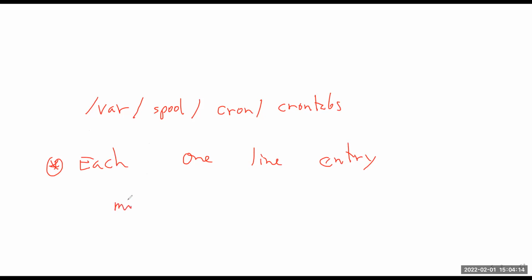So this is a crontab entry here. It's going to be first minutes, then hours, then day of month, then the month, and then the day of the week, or weekday.